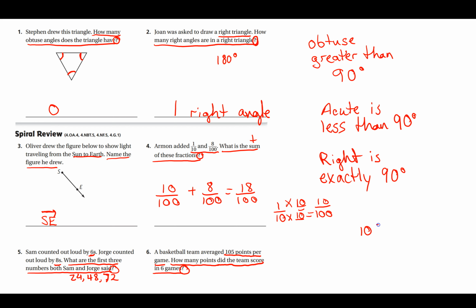So 105, and we could do 105 plus 105 plus 105 6 times, or we can do multiplication, 105 times 6. So 6 times 5 is 30. 6 times 0 is 0. Add my 3, and 6 times 1 is 6. So 630 points. How many points? Yep.